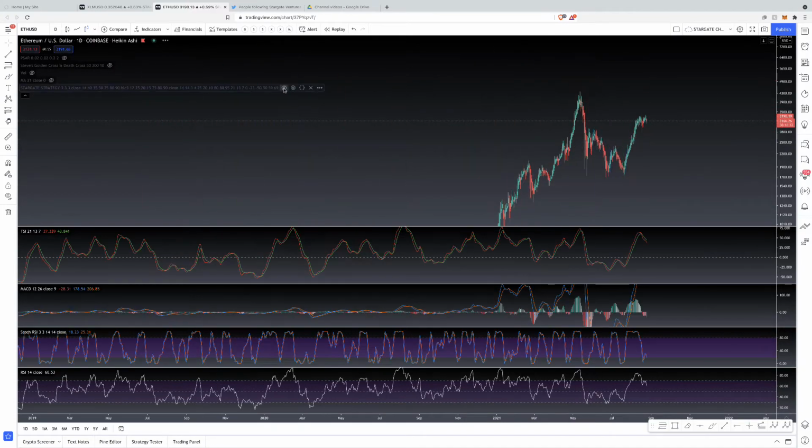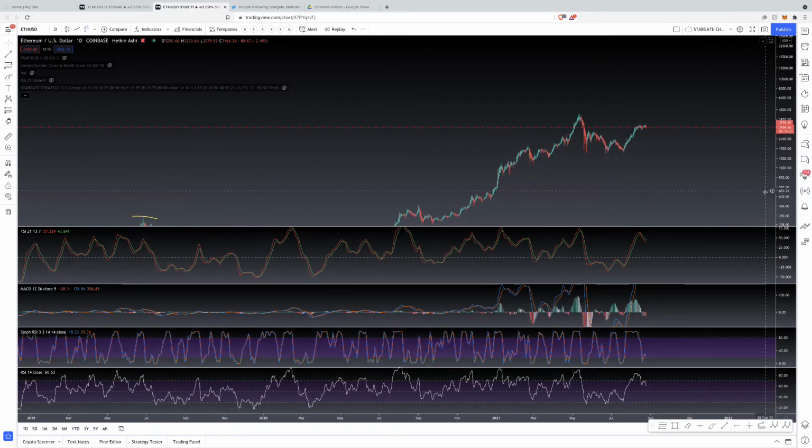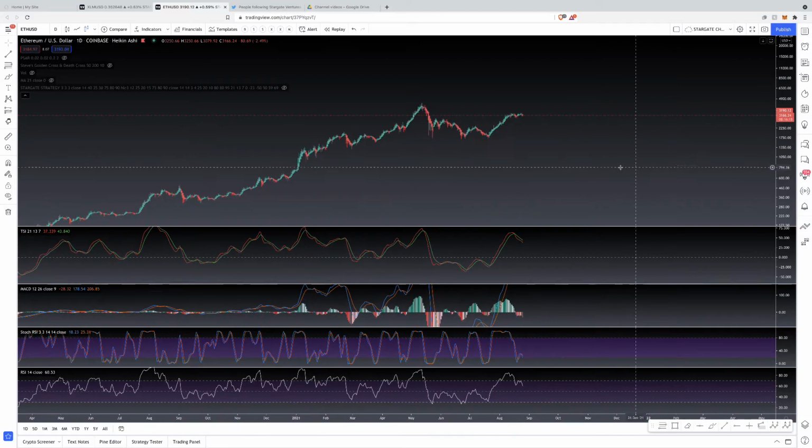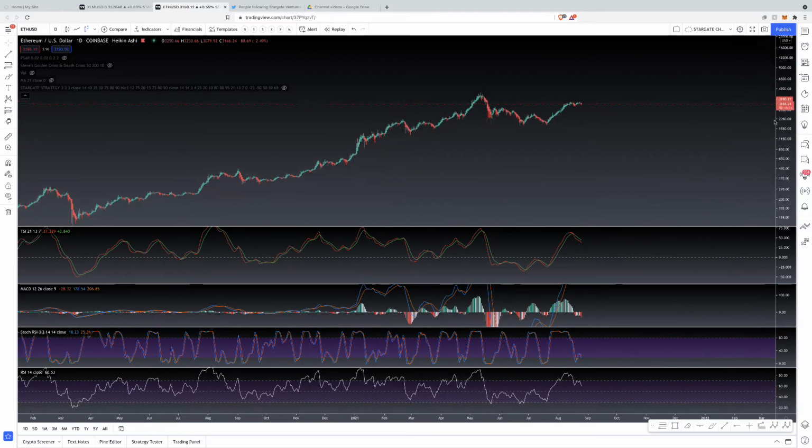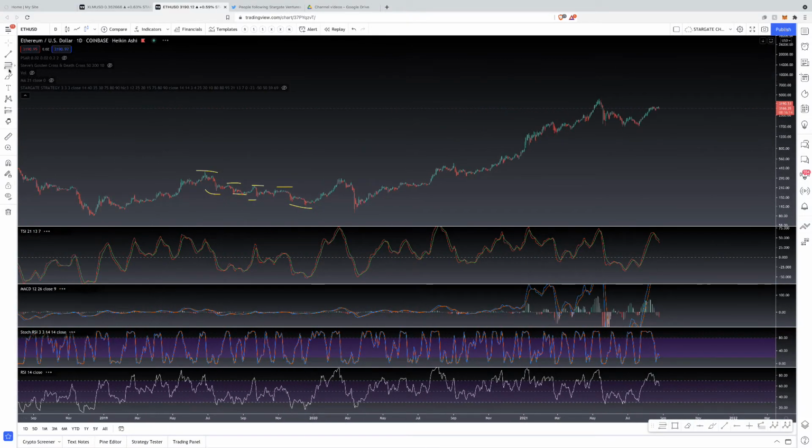I'm gonna turn off the indicator so we can see where we're at with the market structure right now. We had a high come in, then a low, lower high, lower low, lower high, lower low previously.